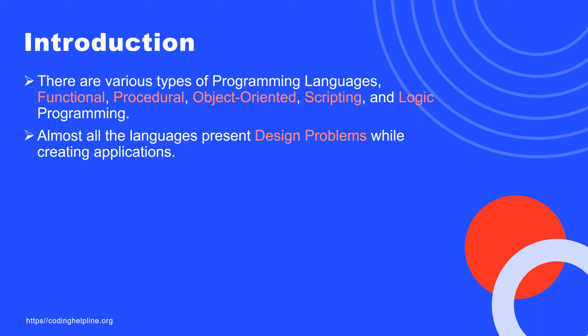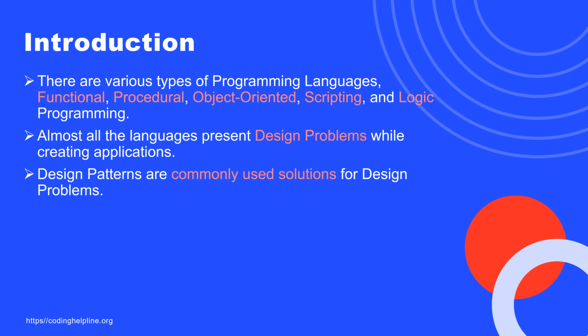There are a lot of problems that programmers face while developing their applications. Design patterns are commonly used solutions for those design problems. The problems that we face have common and reusable solutions that are presented by the design patterns.